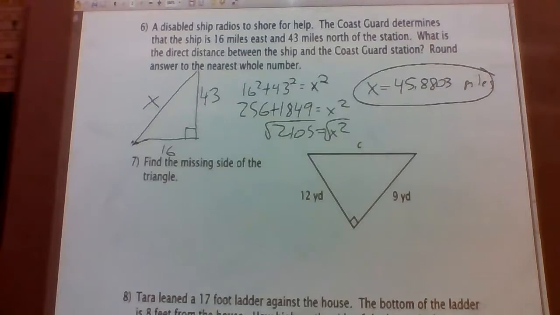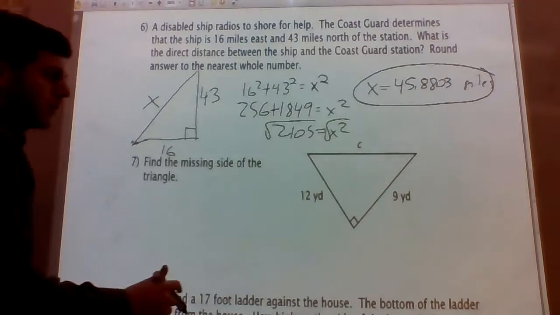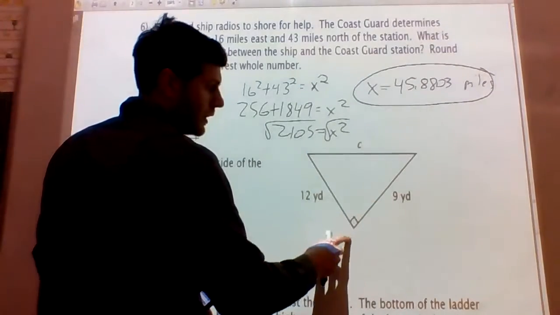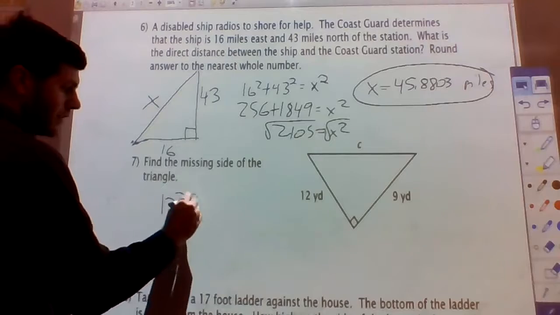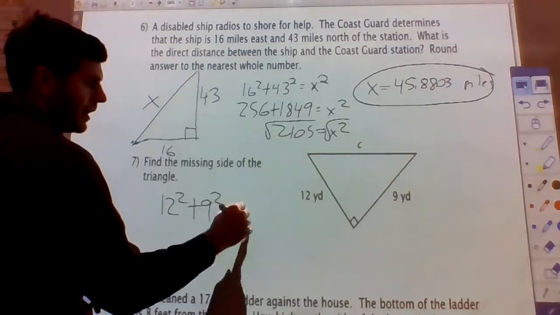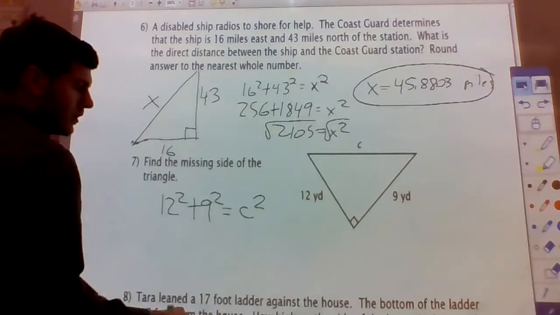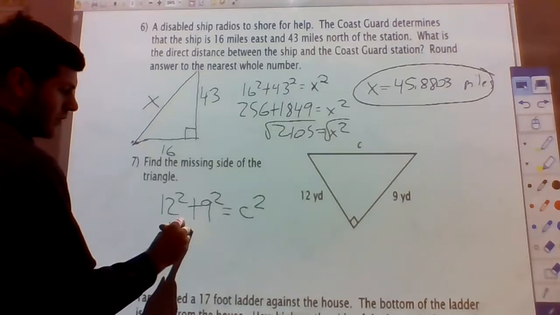All right, 7, find the missing side of the triangle. So here's our right angle. So the legs are adjacent to the right angle, so the legs squared added together is going to equal the hypotenuse squared. That's 144.